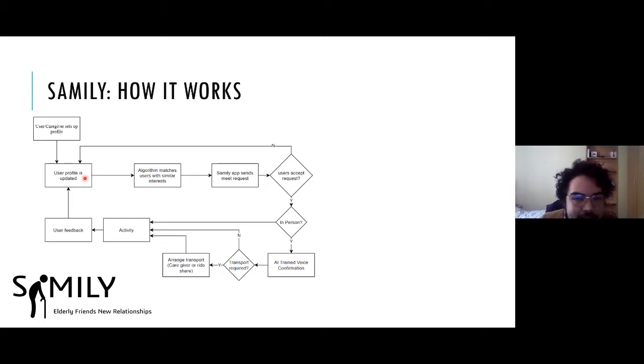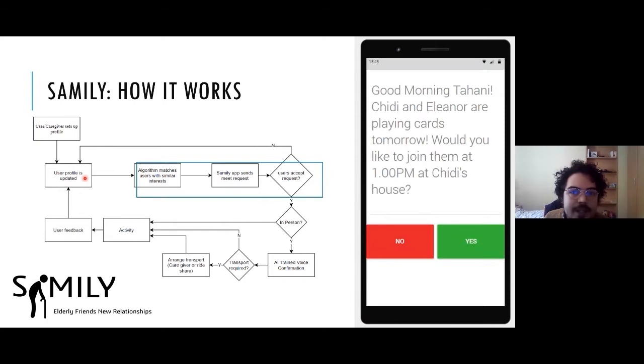So what is Semily and how does it work? Semily is a platform that connects users with similar and complementary values, languages, and attitudes by organizing social, physical, and virtual activities for them. It does this by using a user or caregiver generated profile that matches similar users using an algorithm.